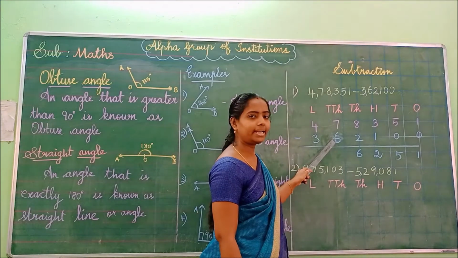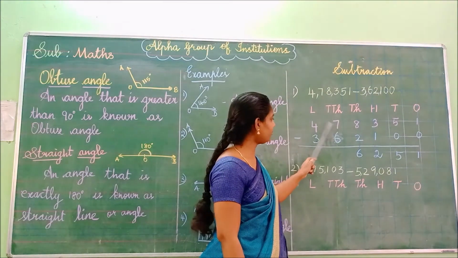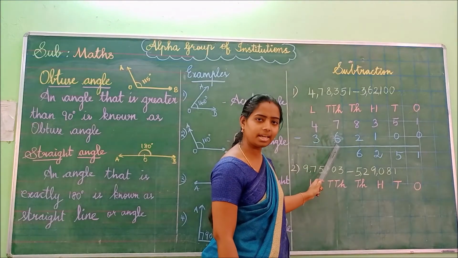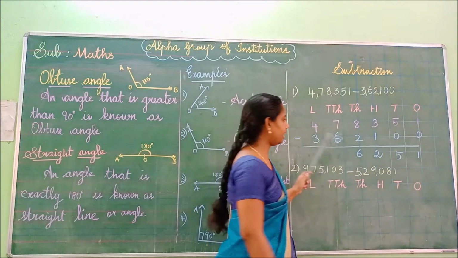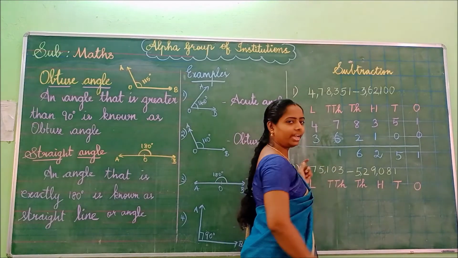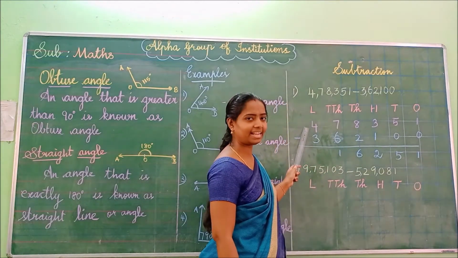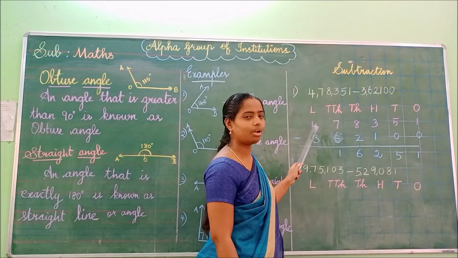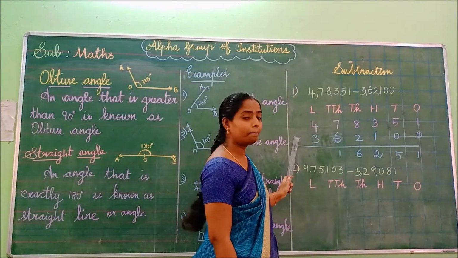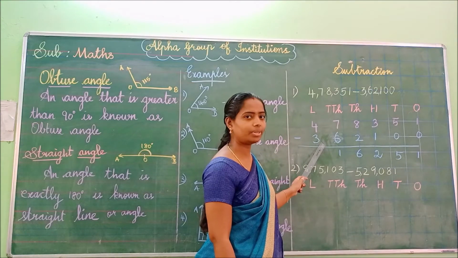See, 7 minus 6. How much, children? Yes, very good. 7 minus 6 is 1. Okay, shall we go to the last place? What is the number given here? 4. 4 minus 3.